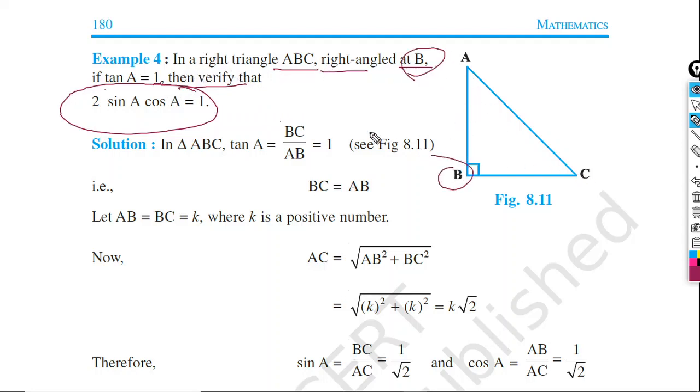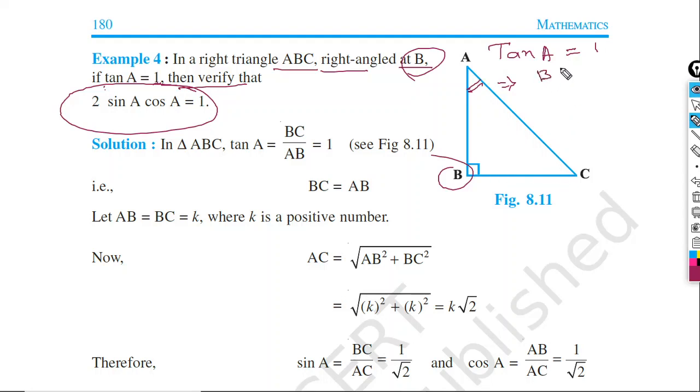Right angled at B. If tan A equal to 1, tan A, this angle. So tan A equal to 1 implies, you remember please, tan A was what? P by B. That means P was the side opposite to angle A. Who is the side opposite to angle A? BC.